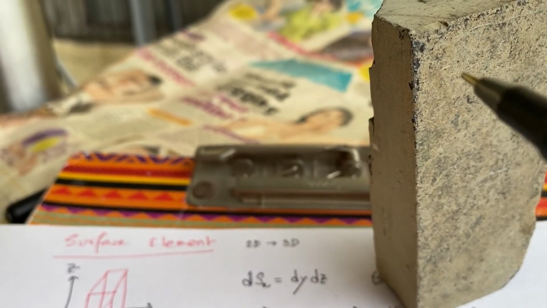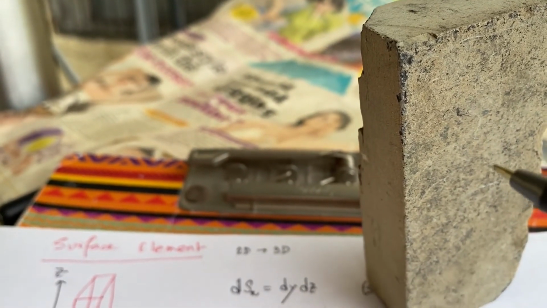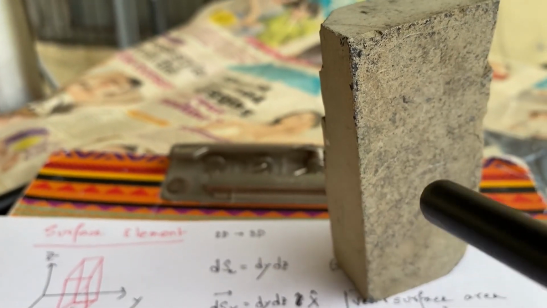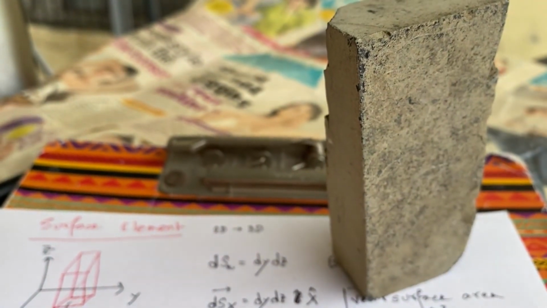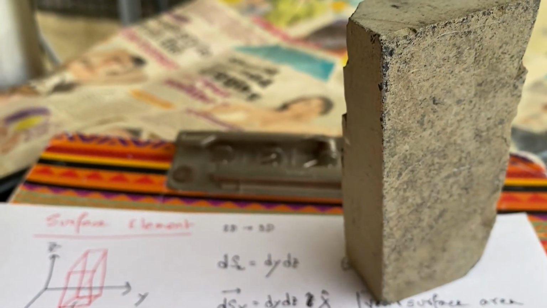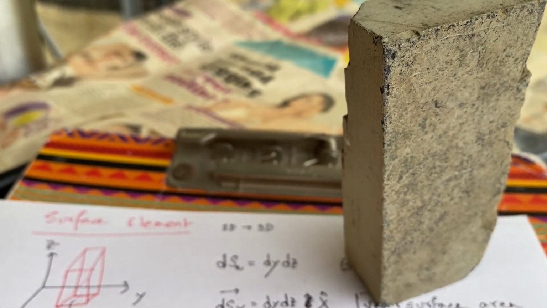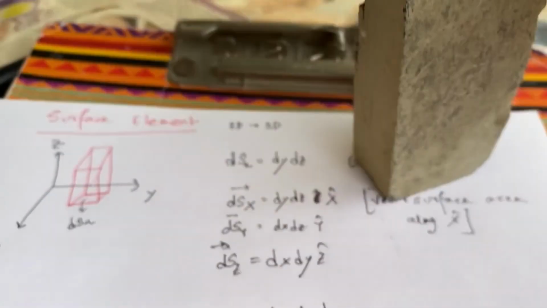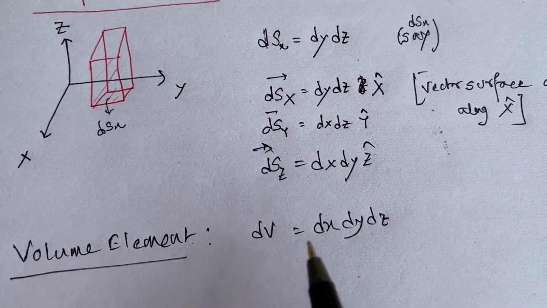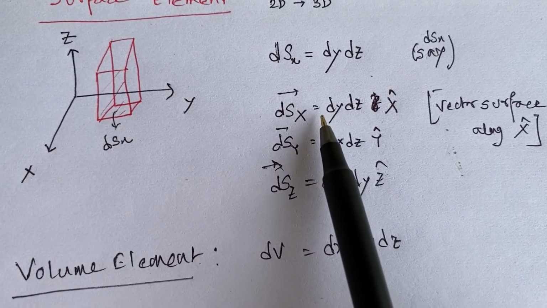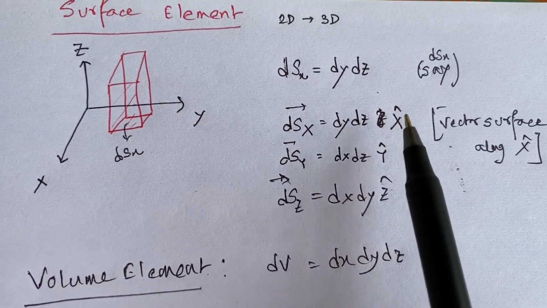The direction of this surface, if we call this the front face, is along this direction, which is coming outward from the surface. In this direction x increases, so this is the positive x cap direction. If I call the area of that front surface dsx, I will write the area as dy dz. This is the magnitude of the area and this gives us the direction of the area.